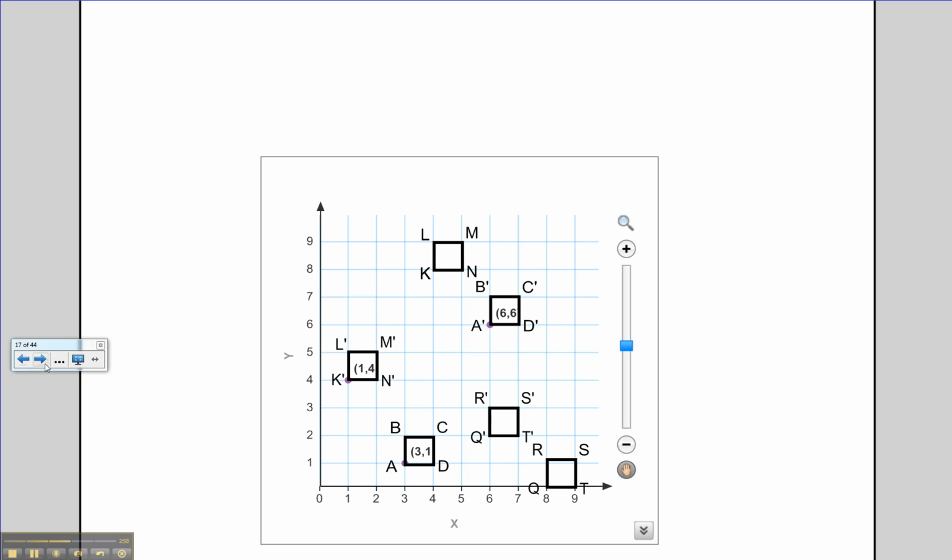So the rule for moving QRST to Q', R', S', and T' is left 2 and up 2. I'm showing you here how you can also go up 2 and then left 2. So you can label those both ways, but it's probably more proper to go left 2, up 2.